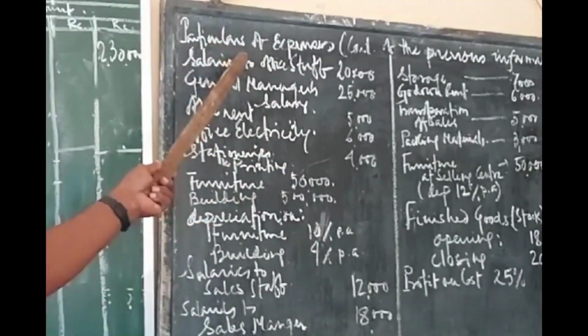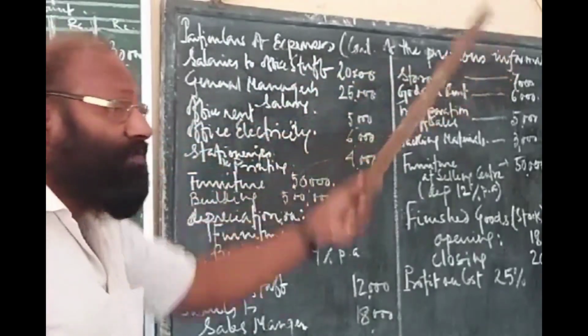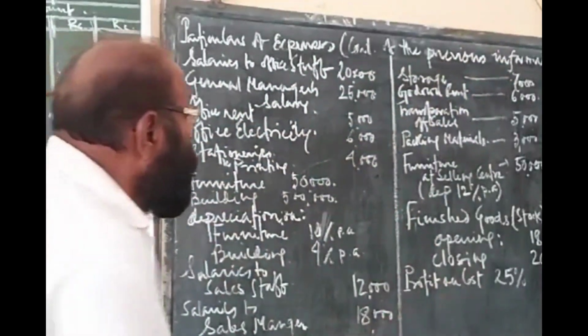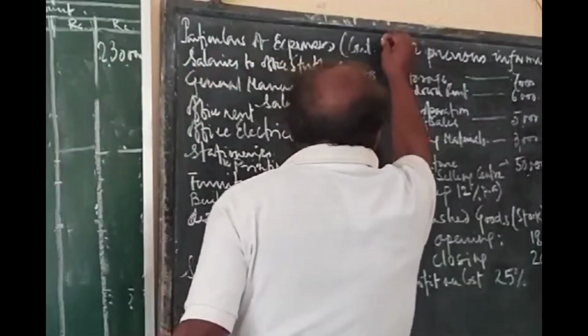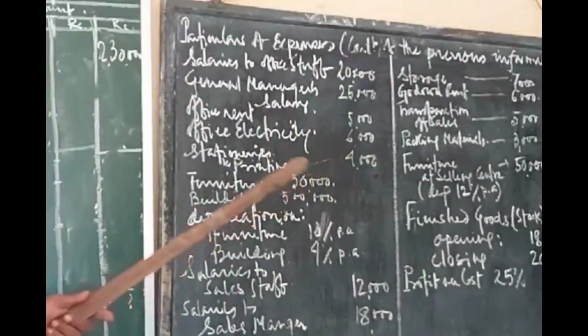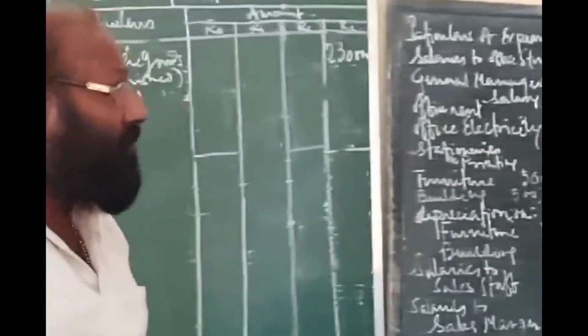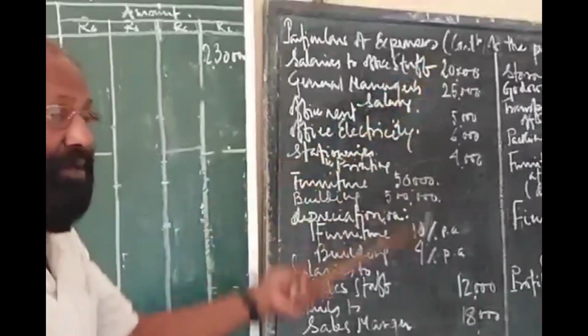It is written at the top, particulars of expenses, continuation of the previous information. So what information has already been given in the last 2 days, we work with these additional information.